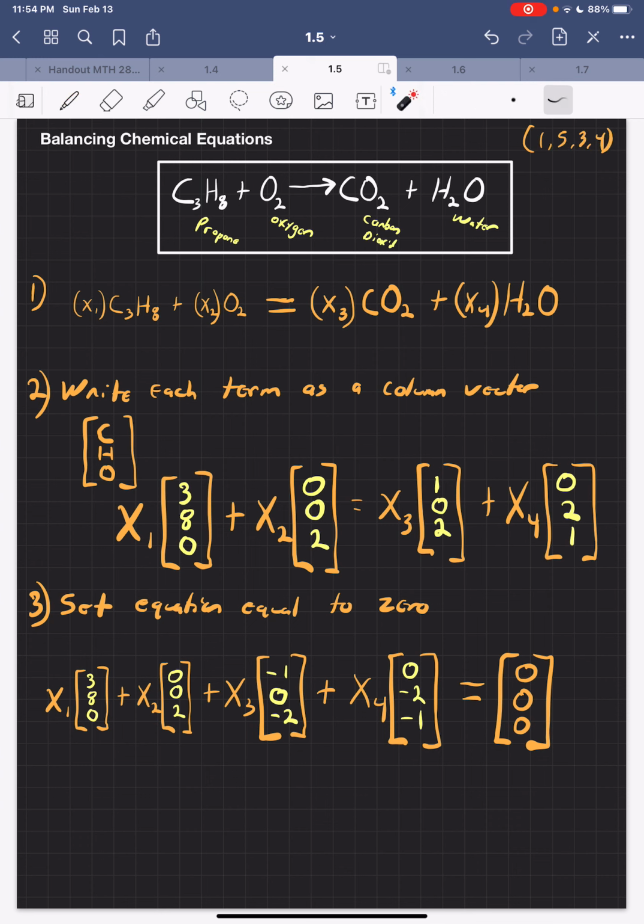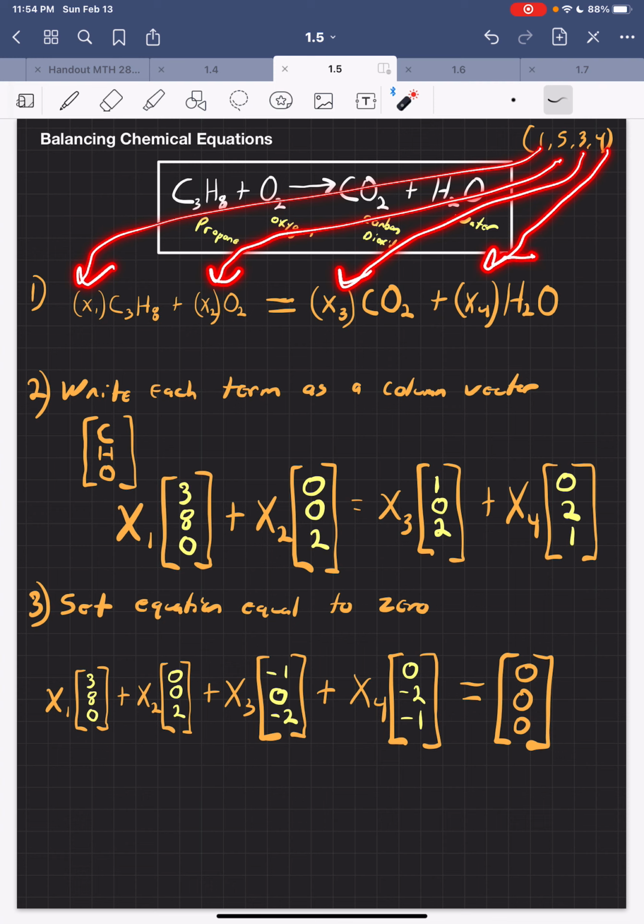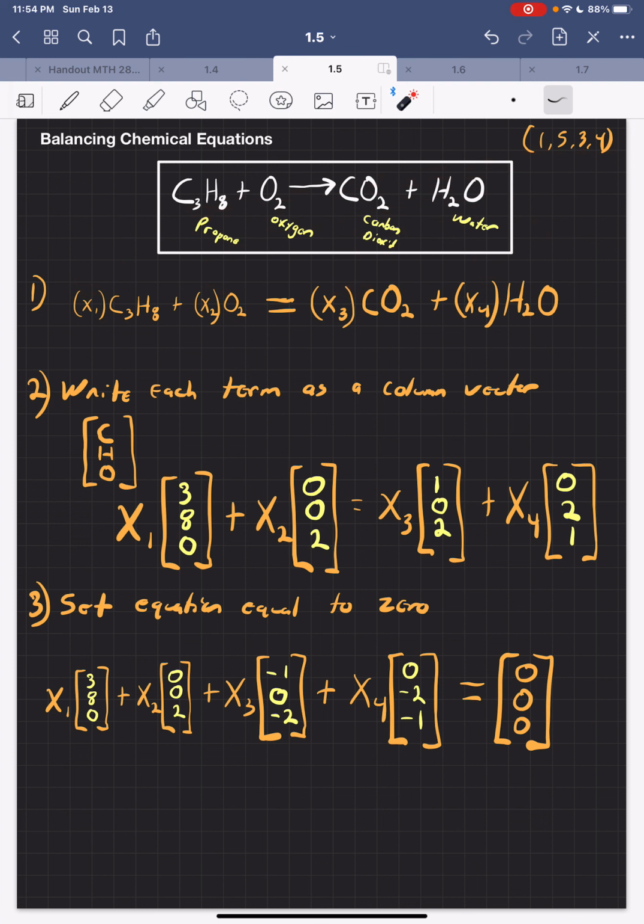If you go back to your original equation and plug 1 in here, 5 in here, 3 in here, 4 in here, you will have balanced this chemical equation, and you will have done so without all the guesswork. A systematic approach to balancing chemical equations can be done with the help of linear algebra.